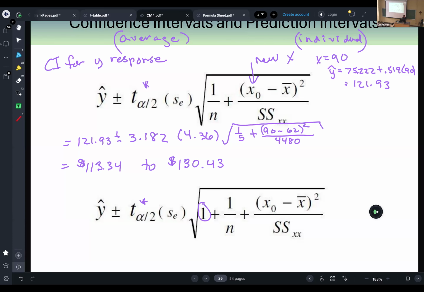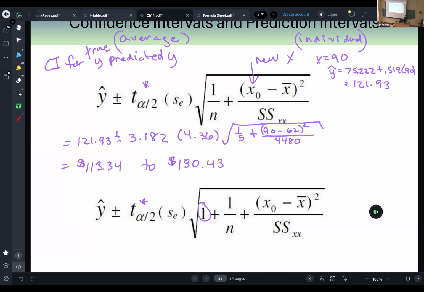So what that means for this confidence interval, we're doing a confidence interval on the true predicted y, really the predicted y or response.